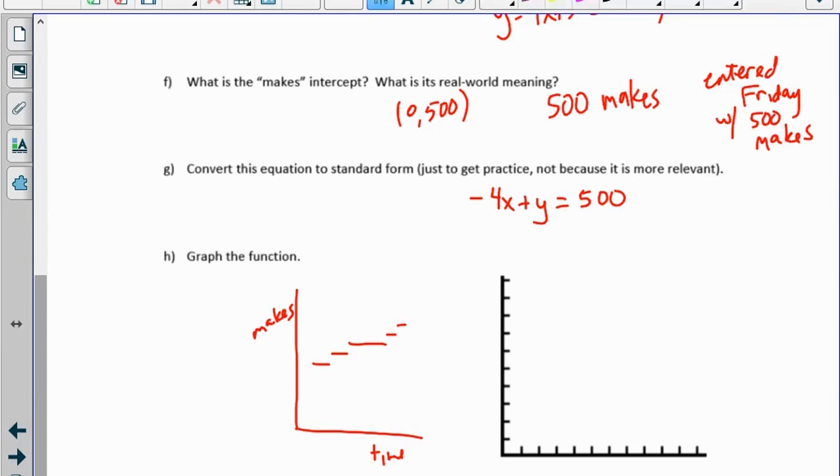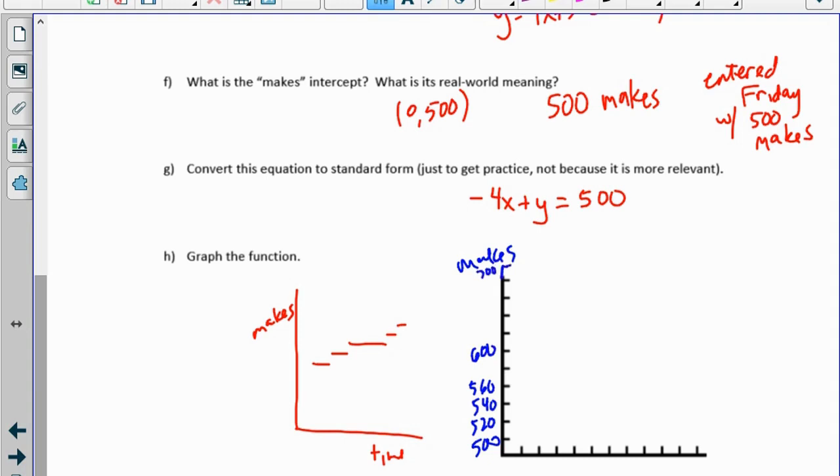But when we graph this, we're going to start at 500 and then we can go up, let's say, I'm going to count by 20s over here and so on. And then that's makes. So 580, 600, 20, 40, 60, 80. And then I need one more to get to 700.